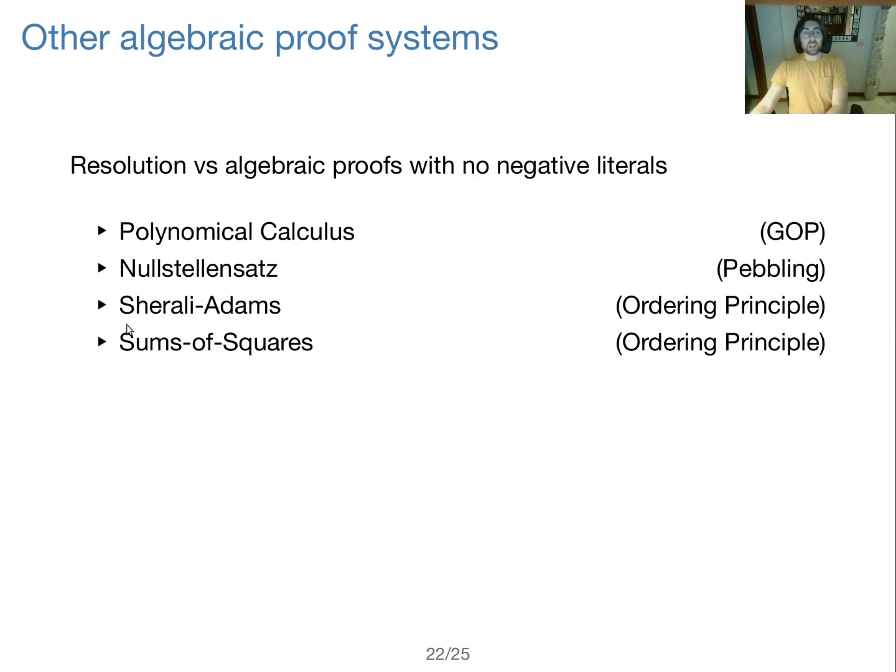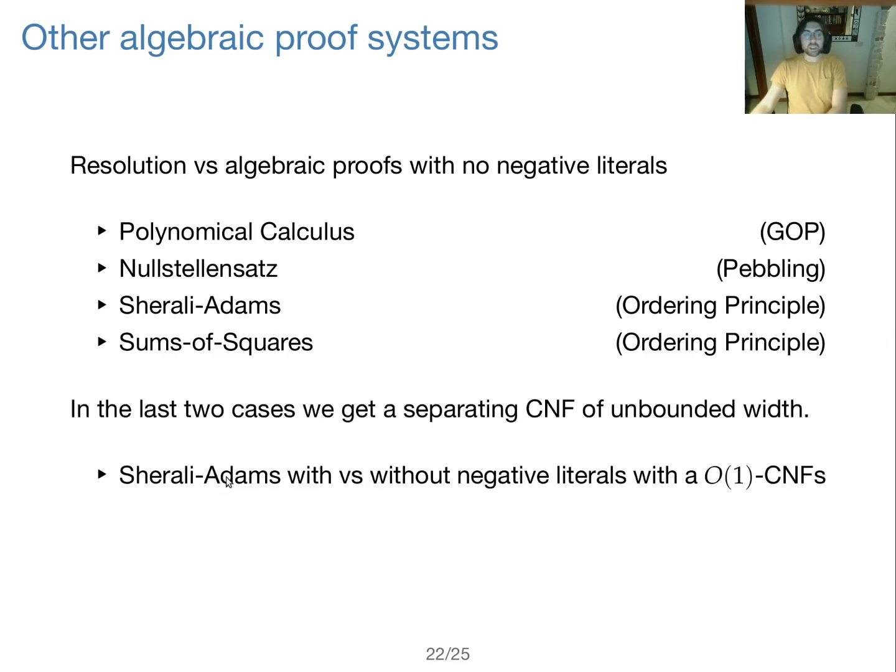For example, in Sherali-Adams and sum of squares we don't even know if the graph ordering principle is hard or not. So for Sherali-Adams and sum of squares we use the ordering principle, and the ordering principle is an unbounded width CNF.